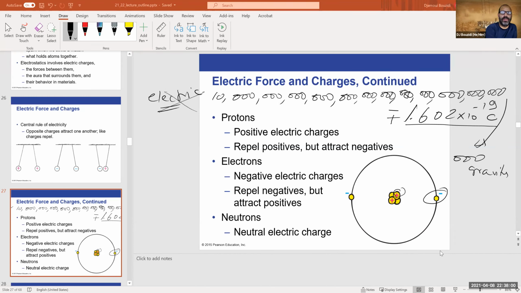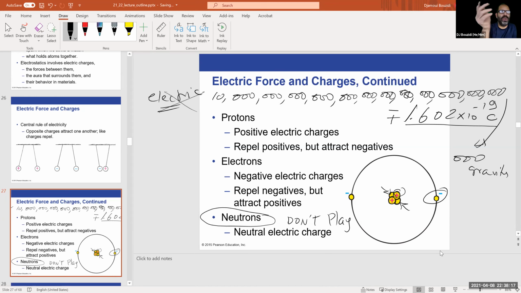Neutrons, though, they are neutral charge. These guys are useless when it comes to this force. They don't care about this. They don't play this game. I mean, they play another game, which is important, actually, the nuclear force, to fuse this nucleus together.